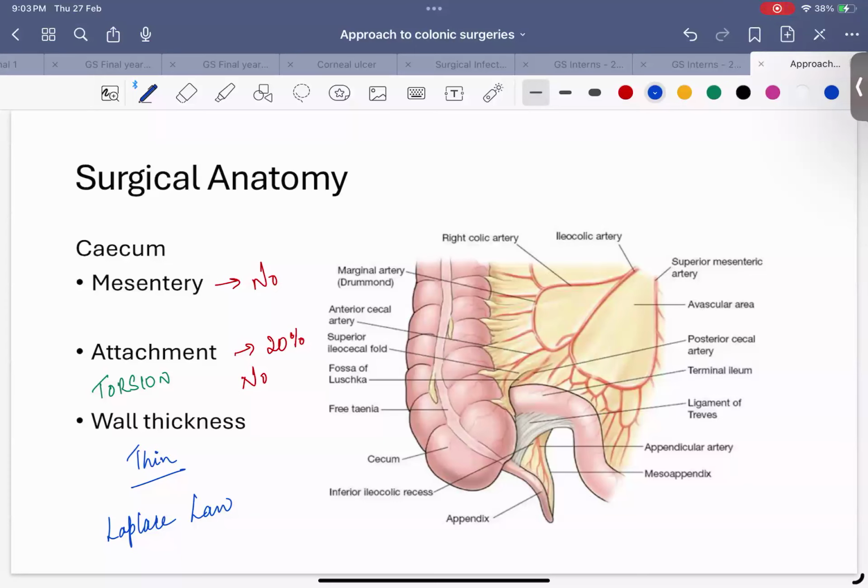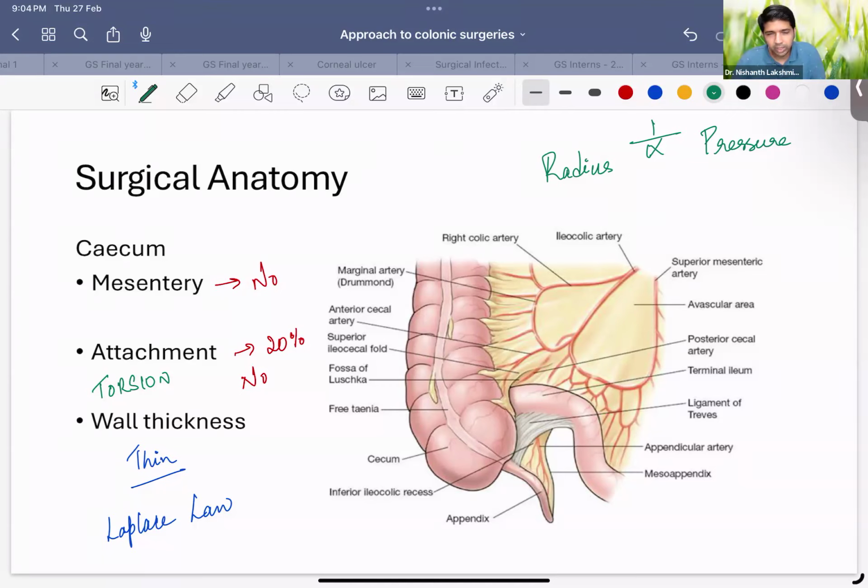So it's basically the relationship of the pressure with the tension, sir, in a tubular structure. The tension is directly proportional to the pressure, and inversely proportional to the radius, sir. So if the radius is increasing, the pressure will decrease, sir. And the same for the surface tension also. Can you apply the same thing to cecum? Why have I brought in Laplace law for the cecum?